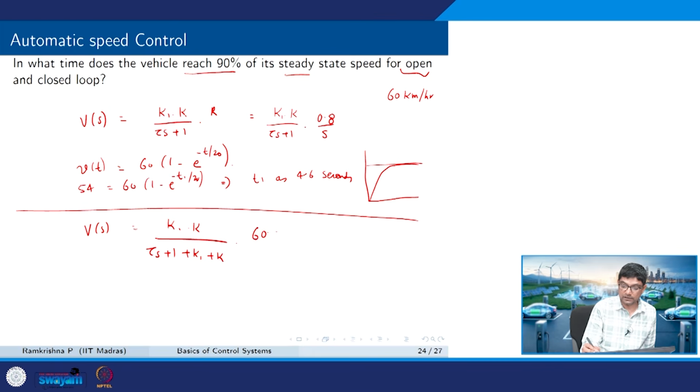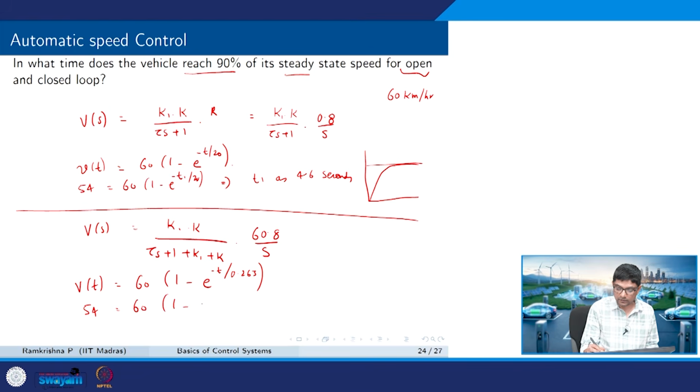My reference in that case was 60.8 by S. V of t would be, again I'll skip the steps, this should be easy to compute, 60 (1 minus e power minus t by the whole time constant), which would be something like 0.263. At 90% of speed, this will be 60 (1 minus e power minus t1 by 0.263). Okay, so I just compute this, t1 will be 0.6.